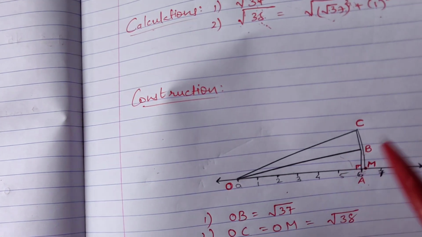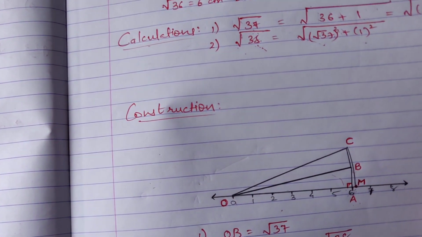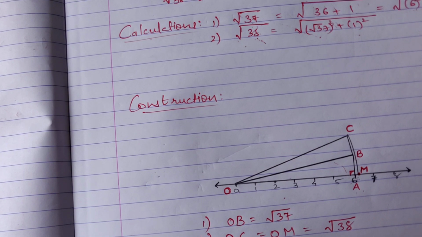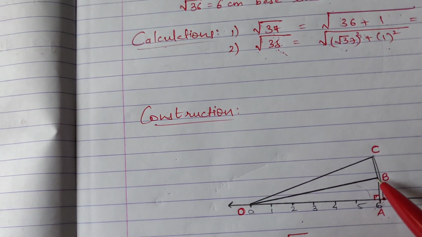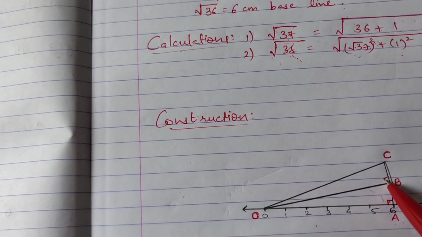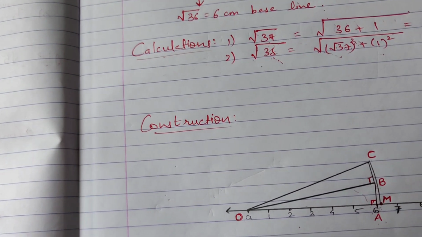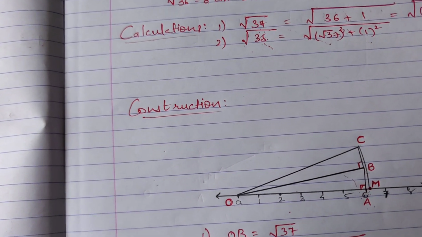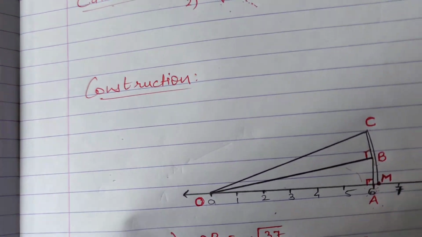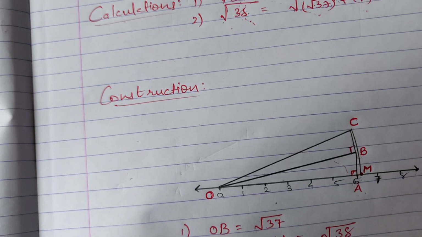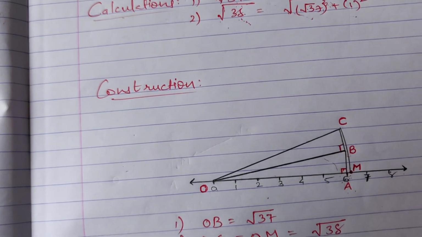Because that is not the final step, we are not drawing an arc at OB, but I am just adding one more perpendicular, found again using the protractor, where AB is 1 centimeter and BC is also 1 centimeter.